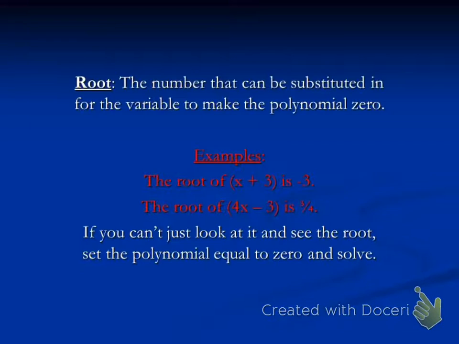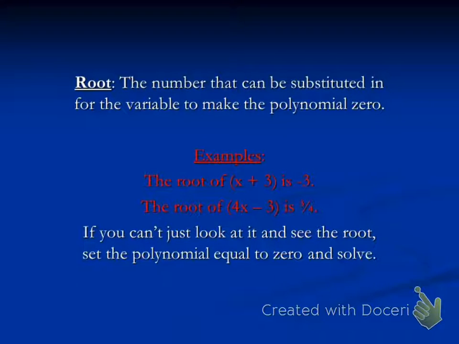All right, so here's what the synthetic division problem looks like. As I mentioned, synthetic division is going to be used to find roots, rational roots specifically. Tomorrow we're going to look at the rational root theorem. But the number that can be substituted for the variable to make the polynomial 0 is what a root is.